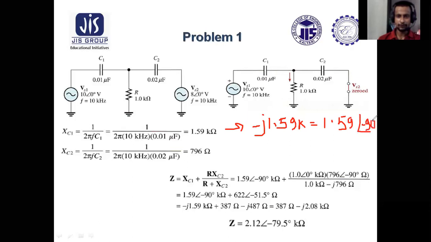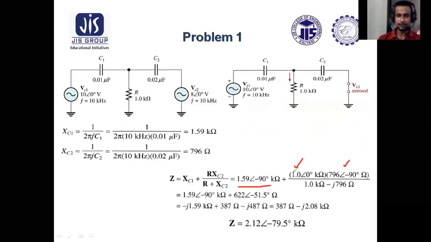For minus J in rectangular form, minus 90 will appear in the angle. How this conversion takes place was already discussed in previous classes on calculation of AC quantities, so you may go through that if you have any confusion regarding this conversion. So this is XC1. Similarly, this is R and this is XC2.